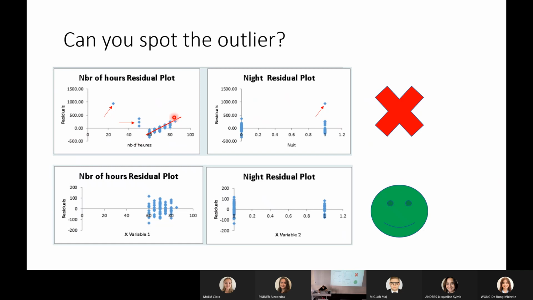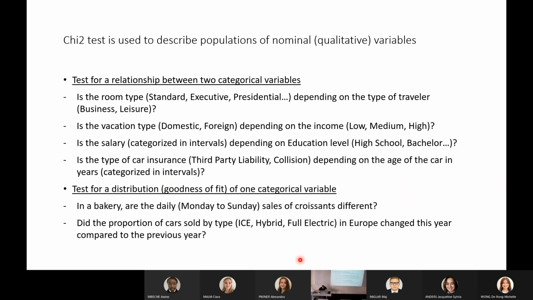We said before that on the residual plot we don't want to see any patterns, but here we have a pattern, and this pattern is just because of the outliers. So in this case, we can practically see how important it is to eliminate the outliers, because when we eliminate them, we don't have any pattern anymore, and the residual is good to go for the further analysis. That's why it's so important to see the outliers.